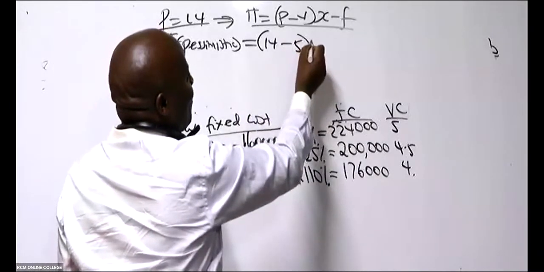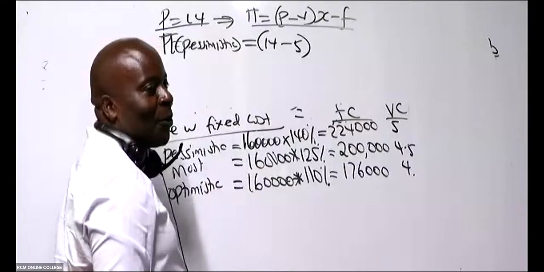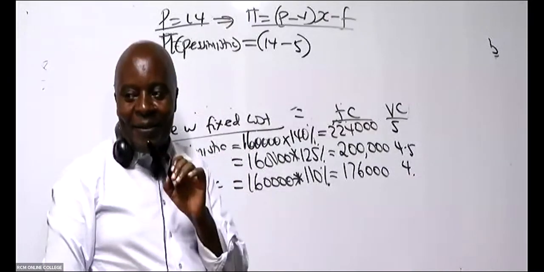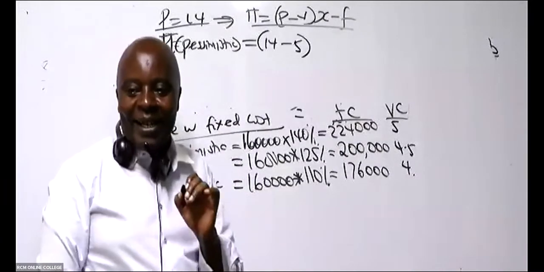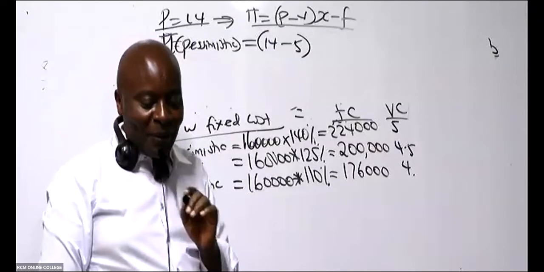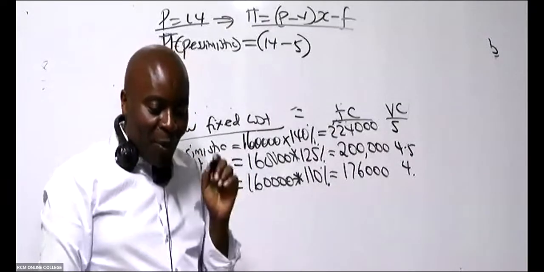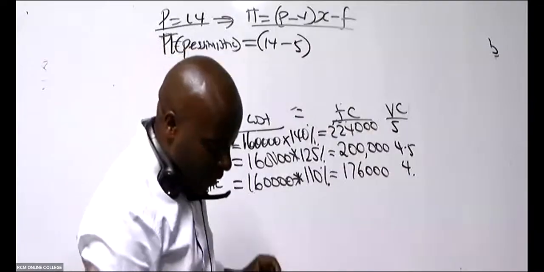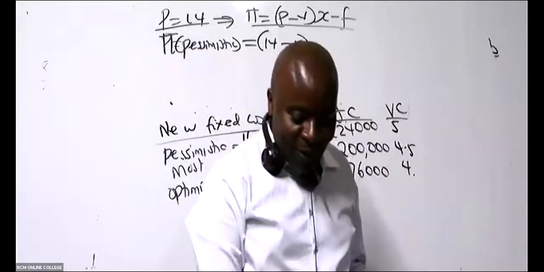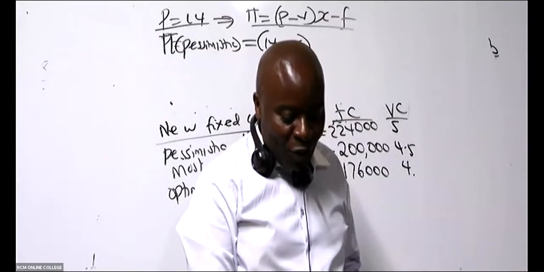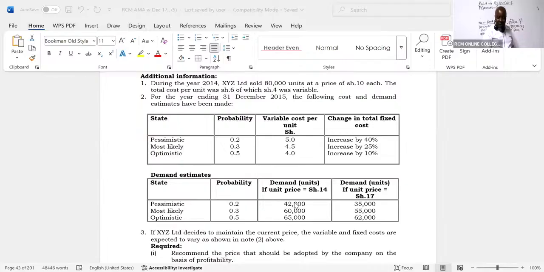Under pessimism, at the price of 14, are you able to see the quantity? Most of them can't see because in an exam, most of them will use 80,000. No, under the price of 14, you can see the demand, which is the same as quantity, 42,000.